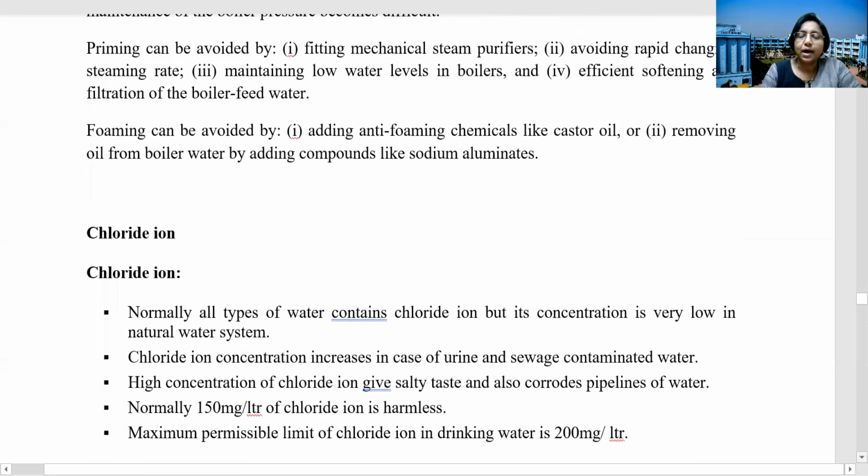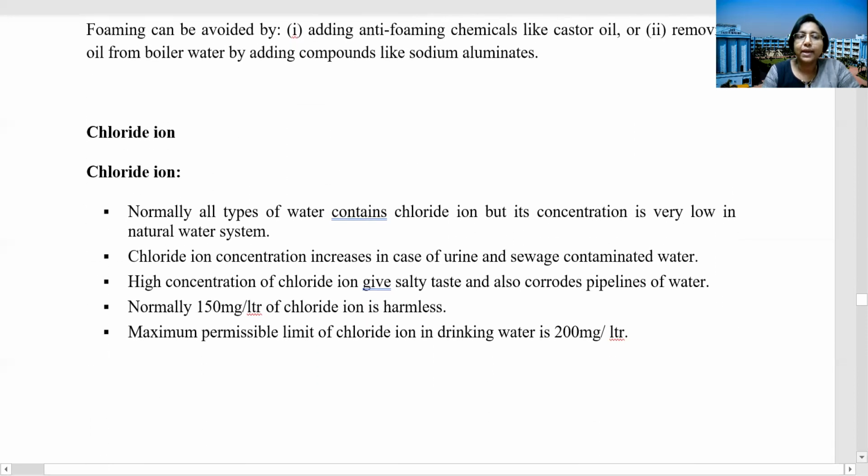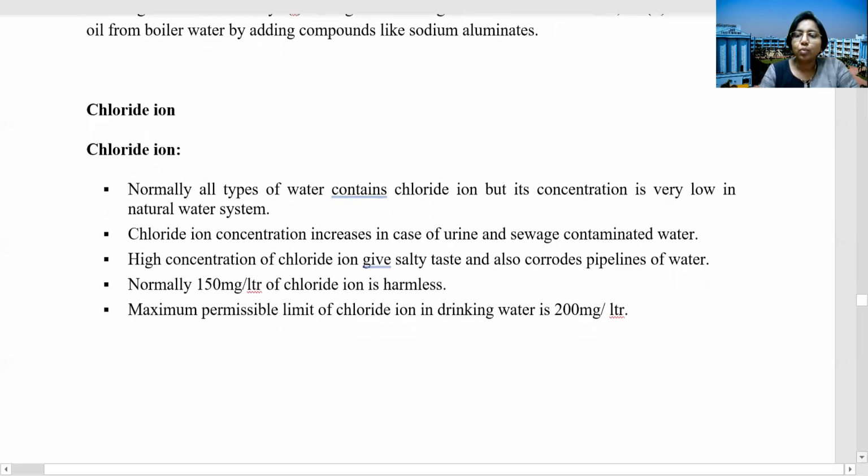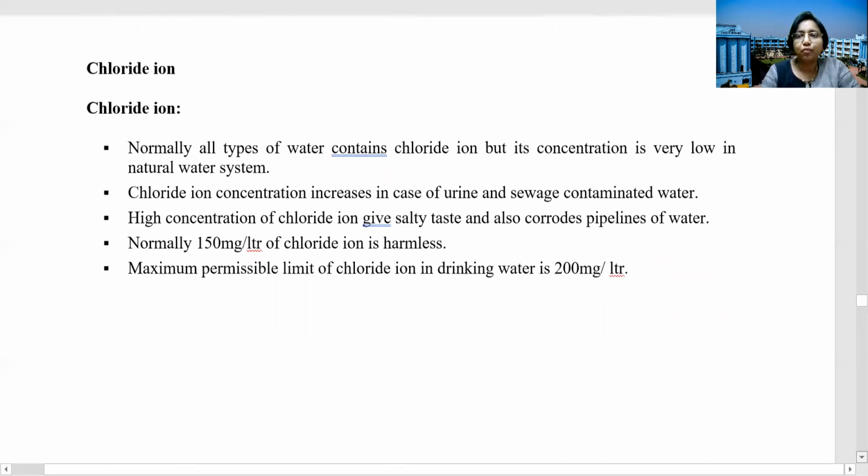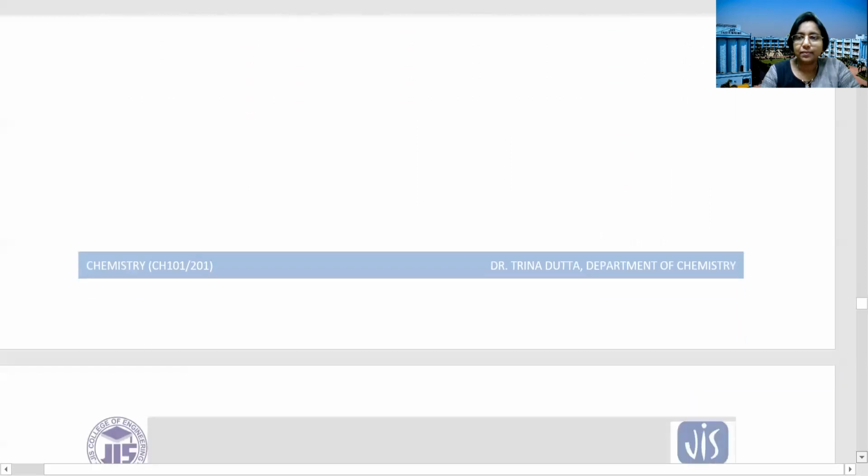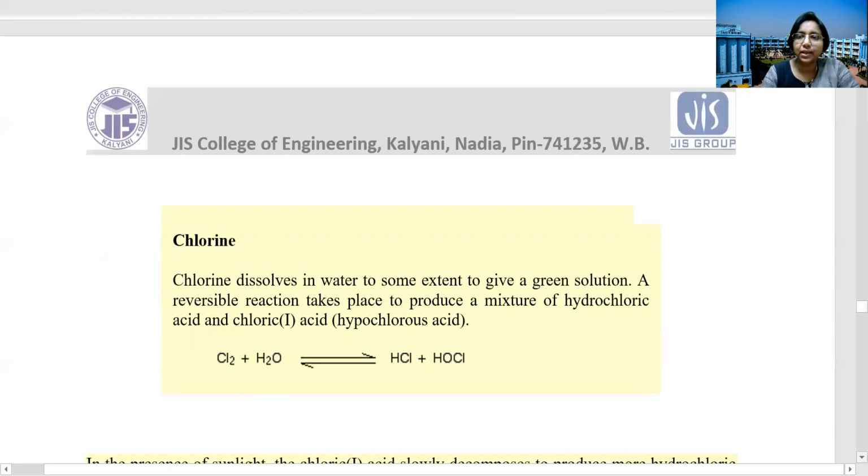Another parameter is chloride ion. Chloride ion is one of the water quality parameters you have learned. If chloride ion is present in the water, what will be the problem? It will again form HCl. The reactions are given here.